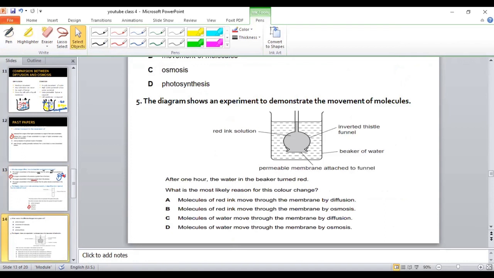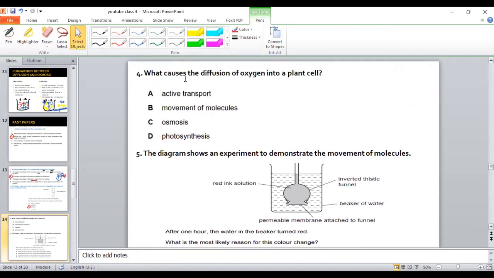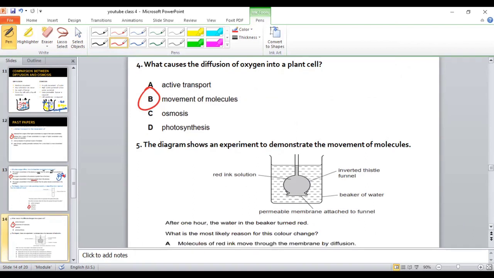Then, which causes the diffusion of oxygen into a plant cell? Active transport, no, because they are asking for diffusion. Movement of molecules, osmosis, photosynthesis: movement of molecules. It will allow diffusion.